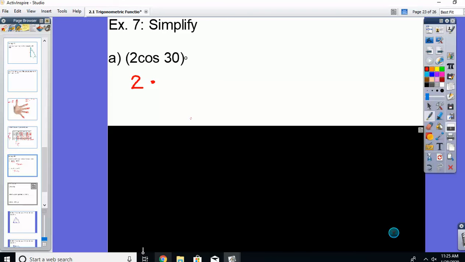Radical 3 over 2. Okay. 2's cancel, and you get radical 2. I want to caution you, if you type cosine of 30 in your calculator, it will give you a decimal, not radical 3 over 2. And I want exact answers, so I expect the radical form.